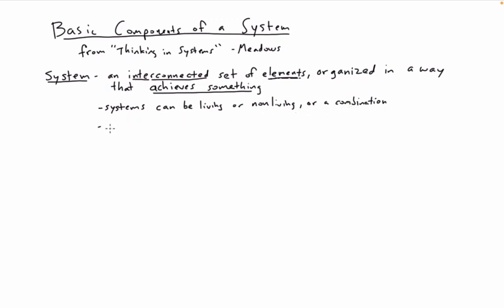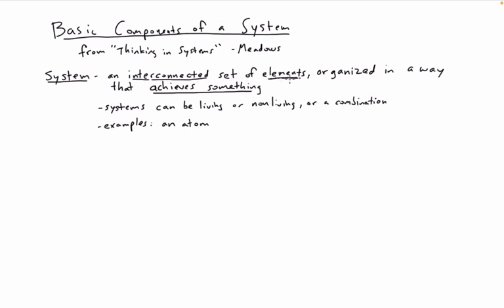So examples would be an atom. An atom would not be living or contain any living parts. But let's just go through these three things here.